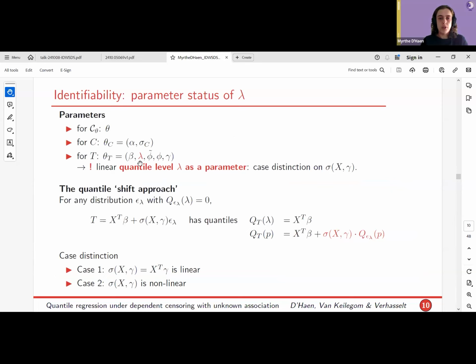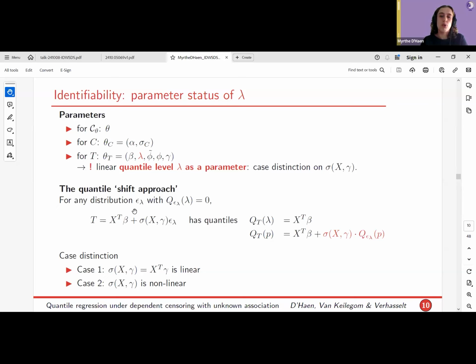Let me just point out here that this parameter lambda, that is the quantile level to which the linear quantile corresponds, is actually in some cases also part of the parameter vector to be estimated. So this is fairly non-standard, I'd say, in quantile regression, and we have a motivation for this that I will leave now. So it basically all comes down to this shift approach.